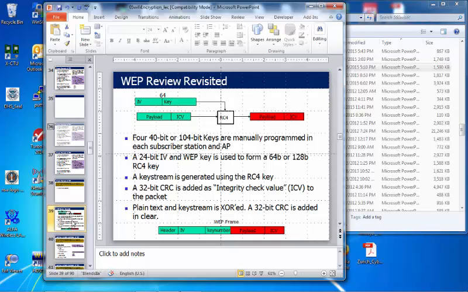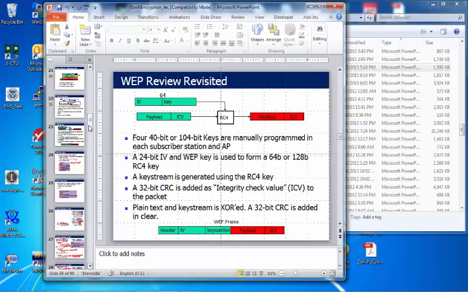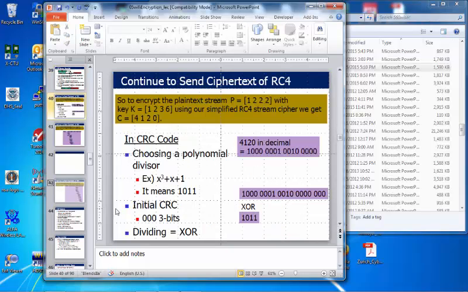Oh, with my pen? Color pen? Yeah, I'll do all this color. Oh yeah, all the calculations. Okay.